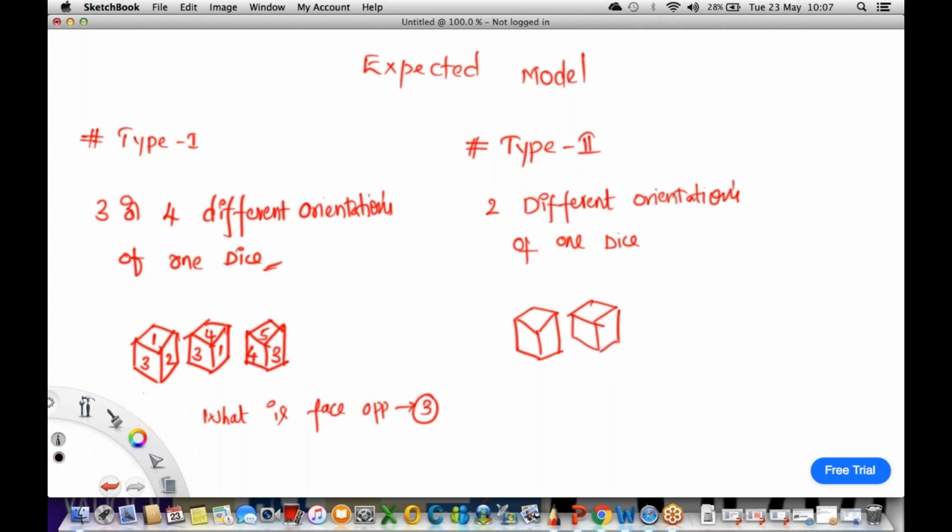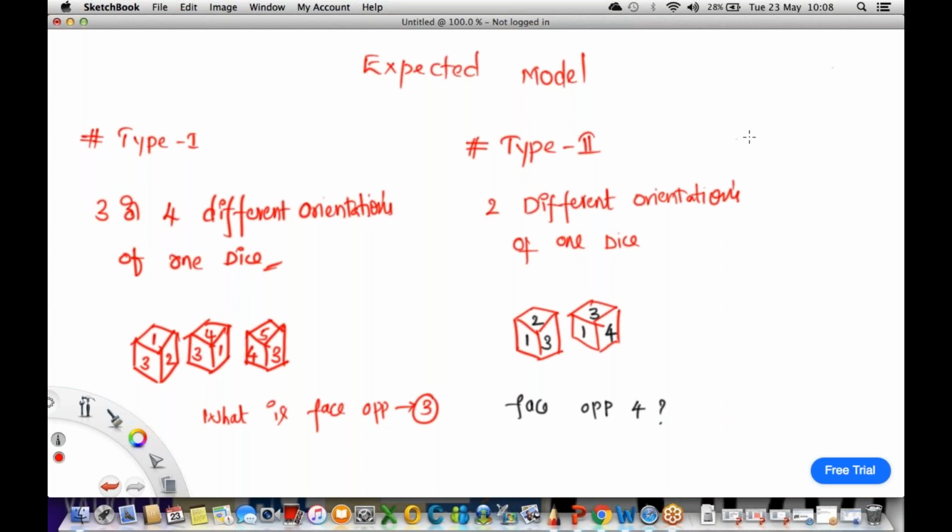So you will be having the numbers like this. This is 1 and this is 2 and this is 3. This is 1 and this is 3 and this is 4. So expecting us, what is the face which is opposite to 4?